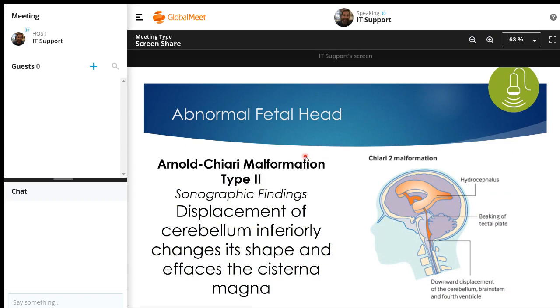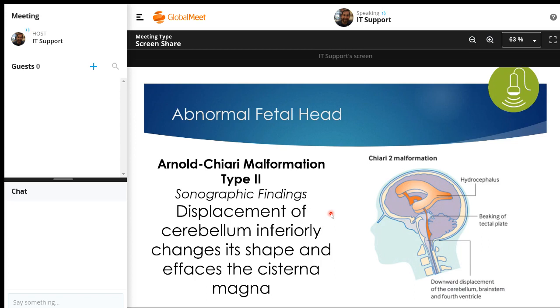So ultrasound findings of Arnold-Chiari malformation type 2. So displacement of the cerebellum inferiorly changes its shape and effaces the cisterna magna. So our cerebellum is going to look different, and the cisterna magna is usually obliterated.